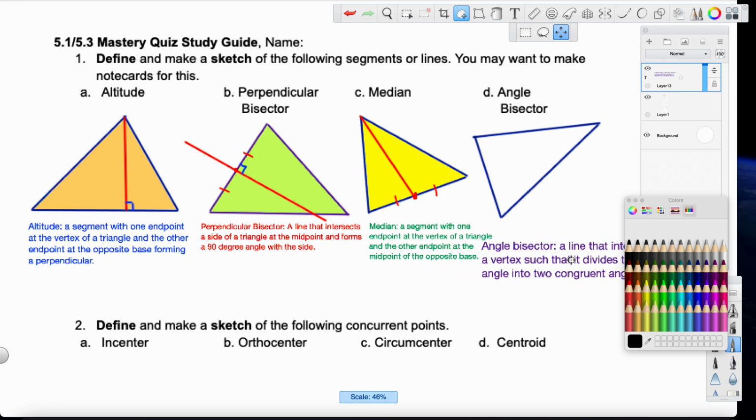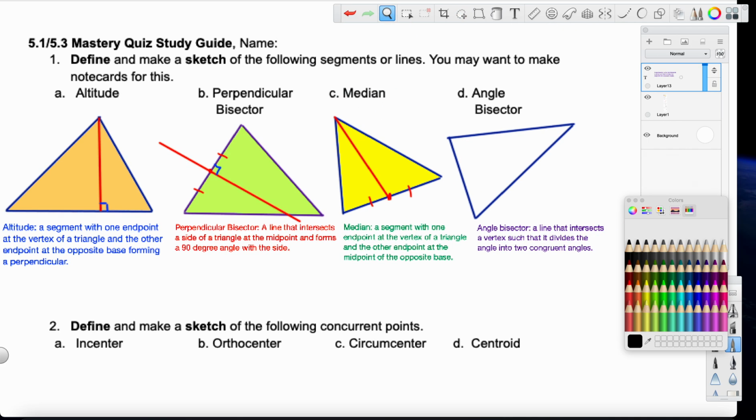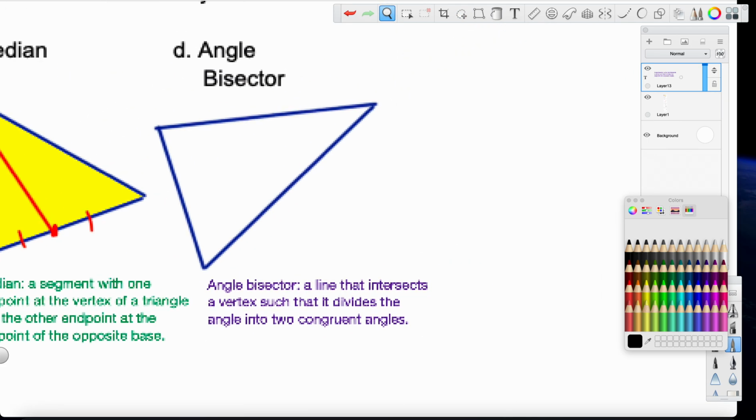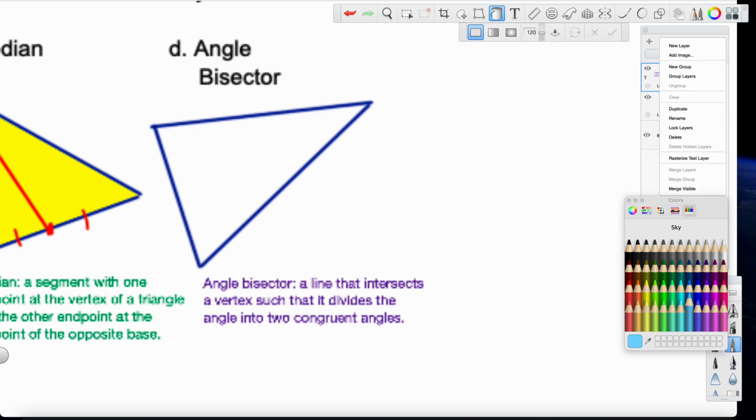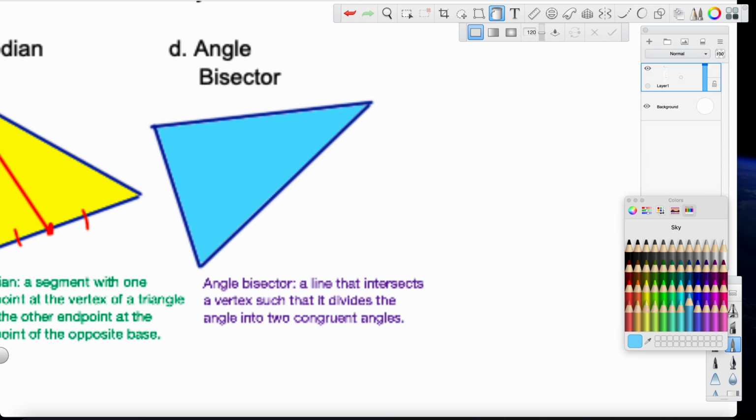You all have your own definitions written down. Feel free to use those. I'm just kind of going to this. So we're going to go through this angle right here, and we're going to cut this angle into two congruent angles.